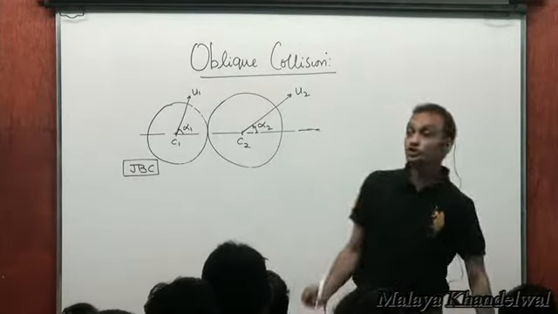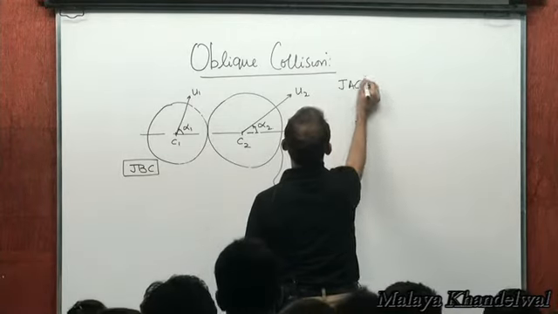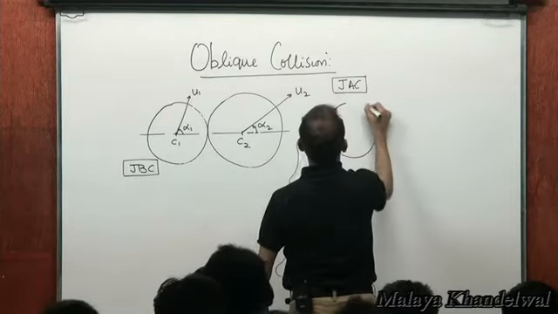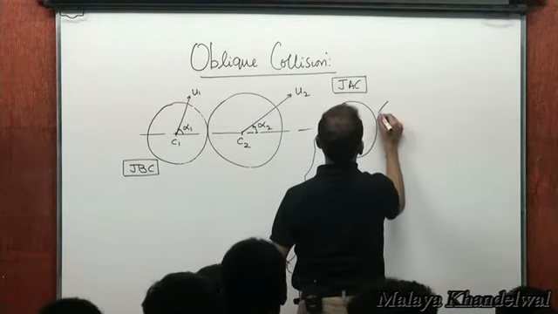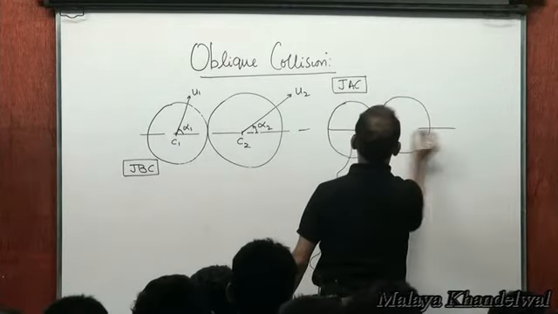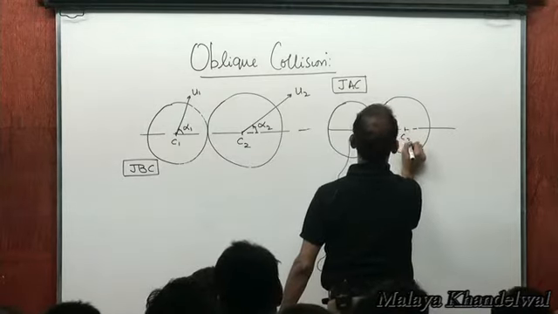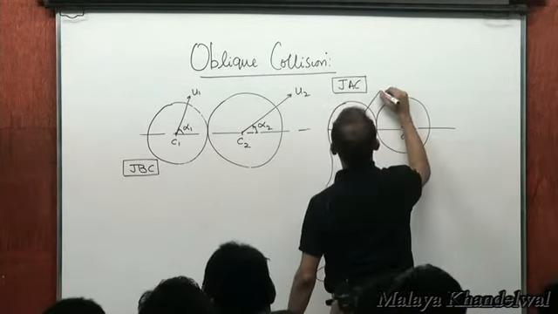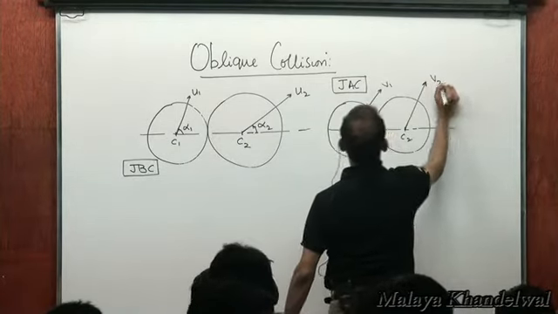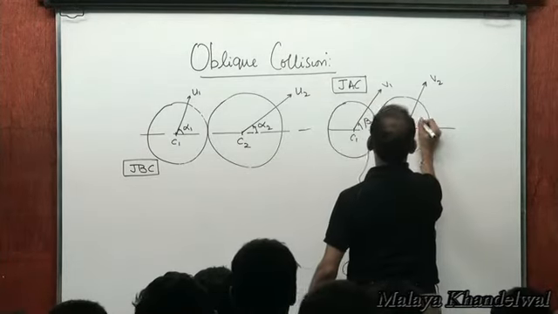And just after collision, center C1, center C2, the velocity of this became V1, and say the velocity of this became V2, and say this is beta 1 and this is beta 2.